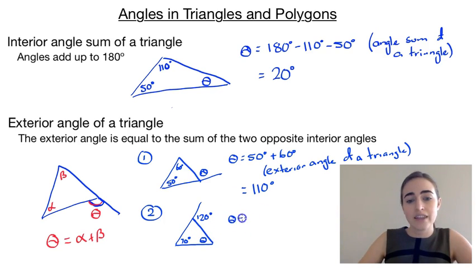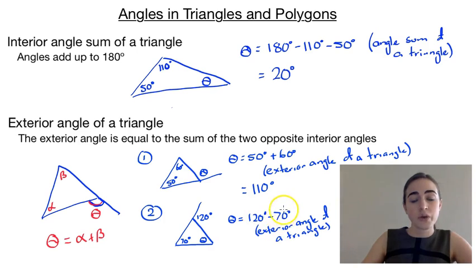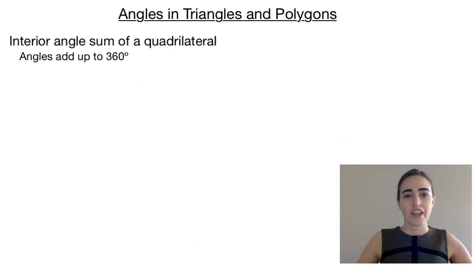Then theta would have to be 120 degrees minus 70 degrees, because we know that these two added together give us that 120. Again, we've got to have that reason in there. And then 120 minus 70 would give us 50 degrees for that interior angle there. All right, so that's triangles.